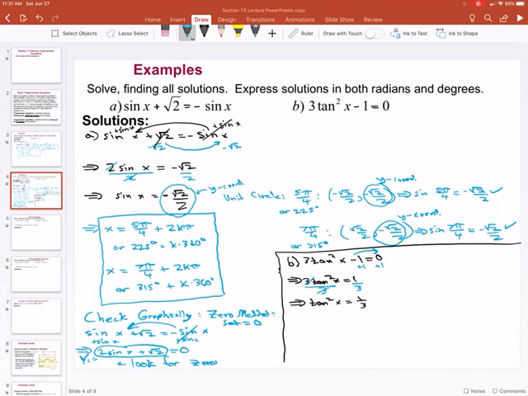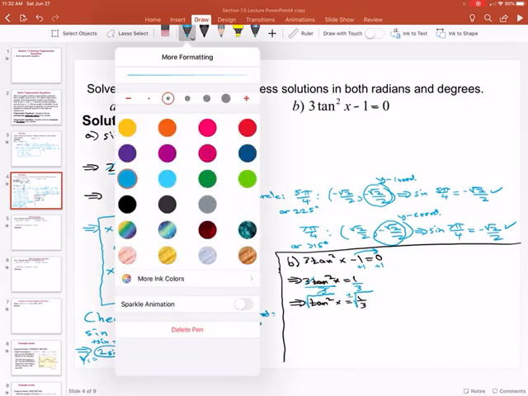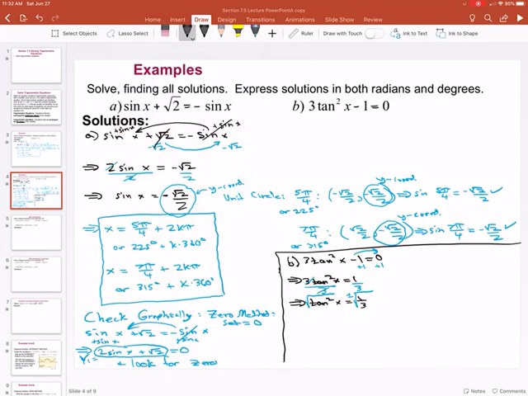So let's use the principal roots and take the square root. Don't forget, it can be plus or minus, positive or negative, on both sides. As we do that, we get the tangent of x equal to plus or minus the square root of 1 over the square root of 3. Let's go ahead and rationalize that.